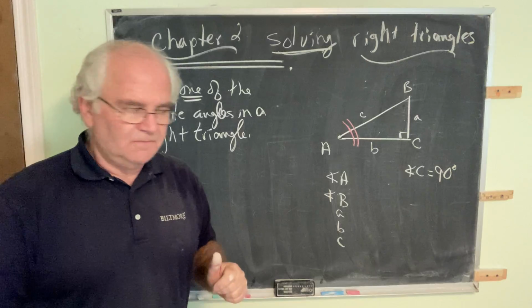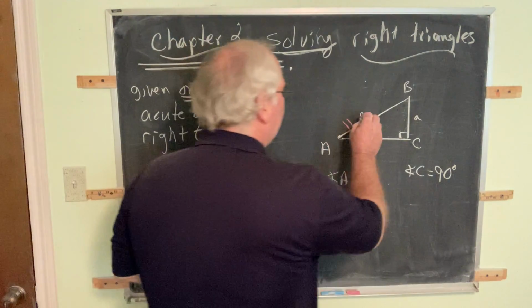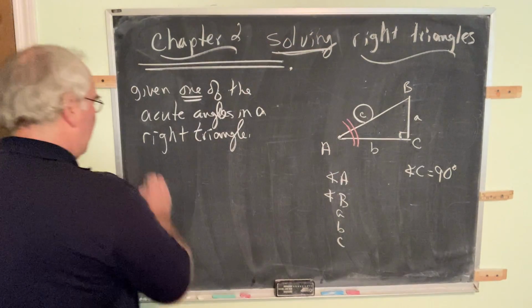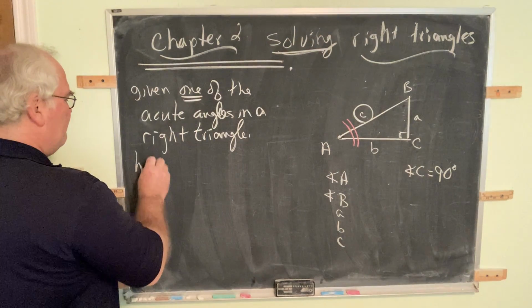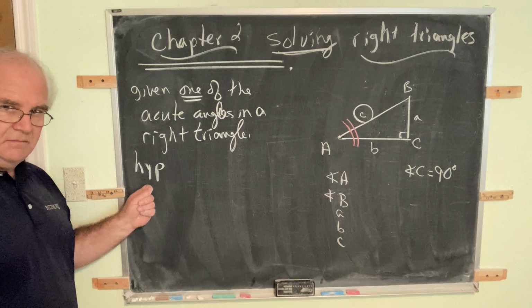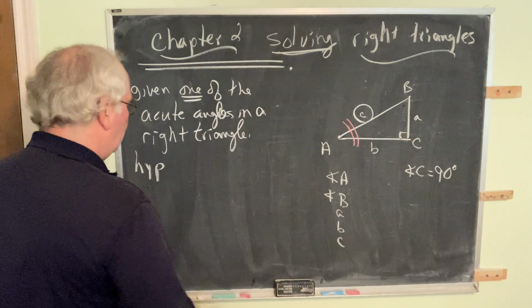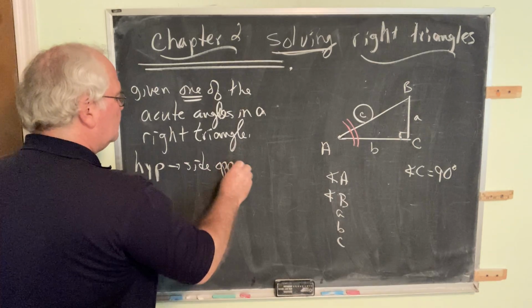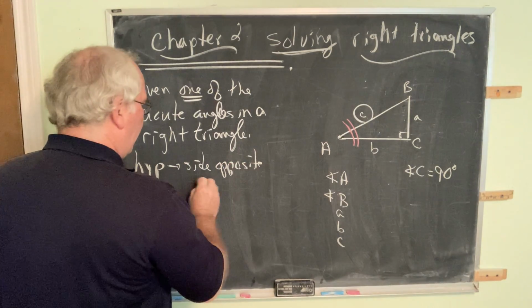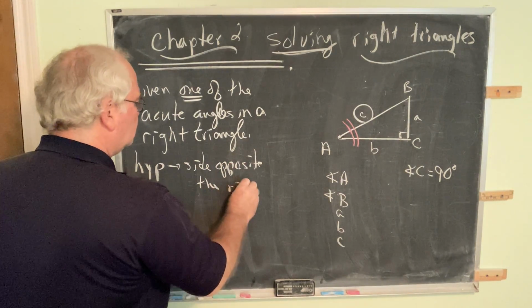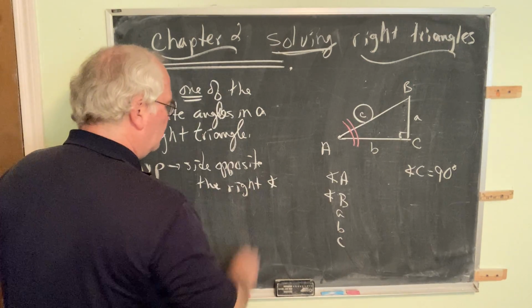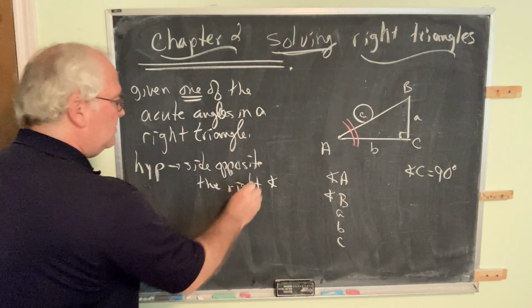Now, which is which? The hypotenuse is always the side opposite the right angle. Hypotenuse, and I will abbreviate it HYP. It's the side opposite the right angle.